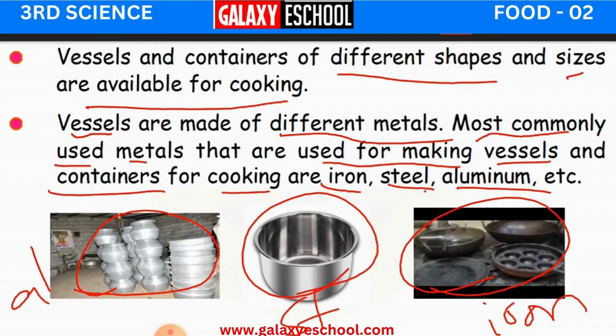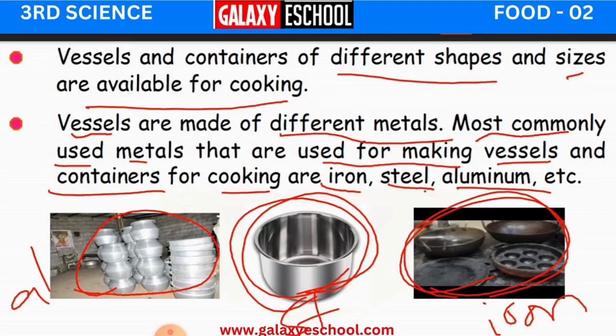Even now we use them, but aluminium is used less. Only for big dishes, if you want to cook for many members, then we take the help of aluminium vessels. But these days mostly we use steel containers, and we also use iron containers.